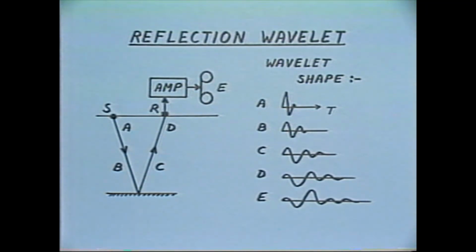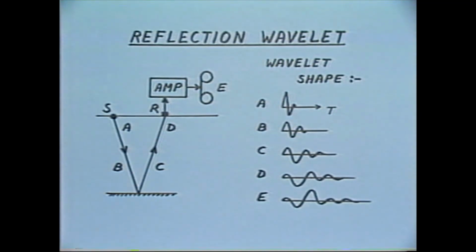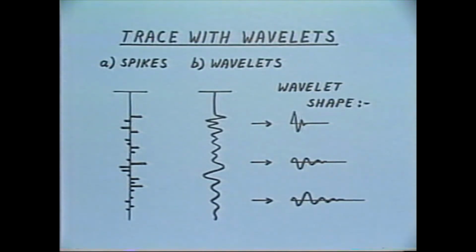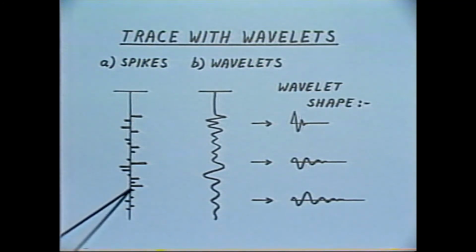So in other words, the reflections we obtain from each interface are not simple sharp impulses, they're relatively long waveforms, more like this. So if we look at the effect of that on the seismic trace, then it means that where previously we've had a simple spike reflection or multiple reflection or whatever for each event, each of those spikes is now replaced by the appropriate waveform depending on its arrival time on the trace.